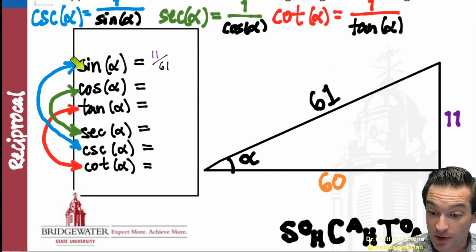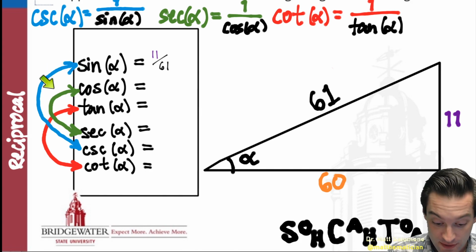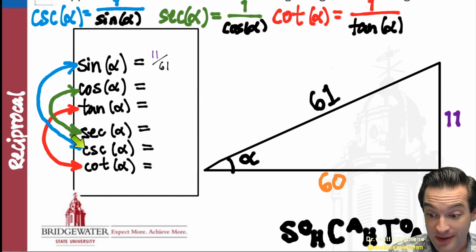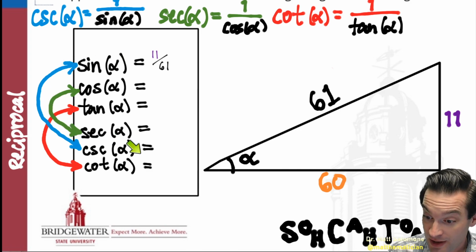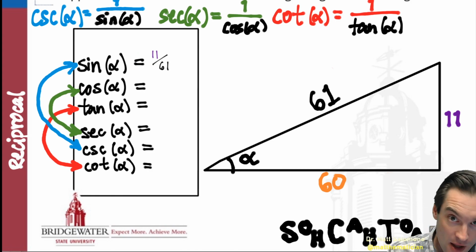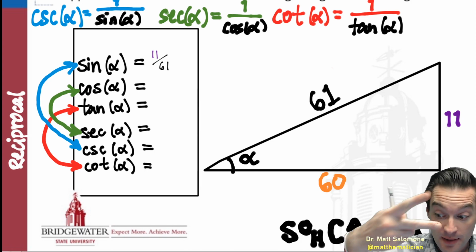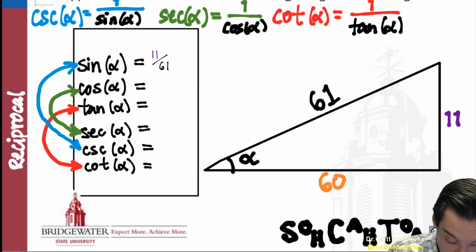But now I'm going to pause for a moment, and let's use that information to figure out what is the reciprocal. The reciprocal of sine is otherwise known as cosecant. And therefore, we can use the fact that we now know the sine of alpha to instantly compute the cosecant of alpha. It's just the reciprocal, 1 over the sine. And since my sine is already a ratio, it has a numerator and a denominator, right? The reciprocal is what we get just by flipping the numerator with the denominator.